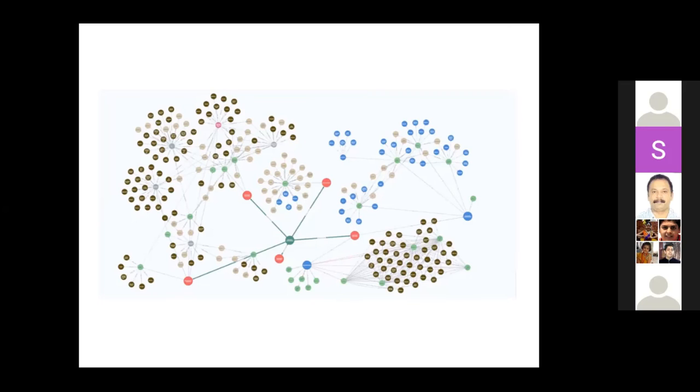Our students at SPC used this software and developed this network of graphs for a welding system. This is done using Neo4j.